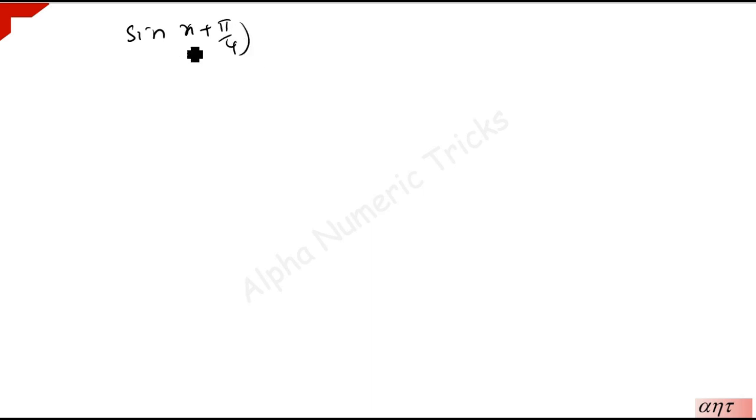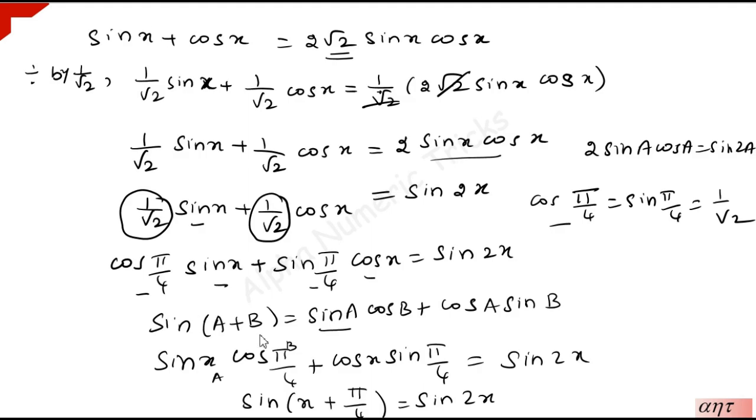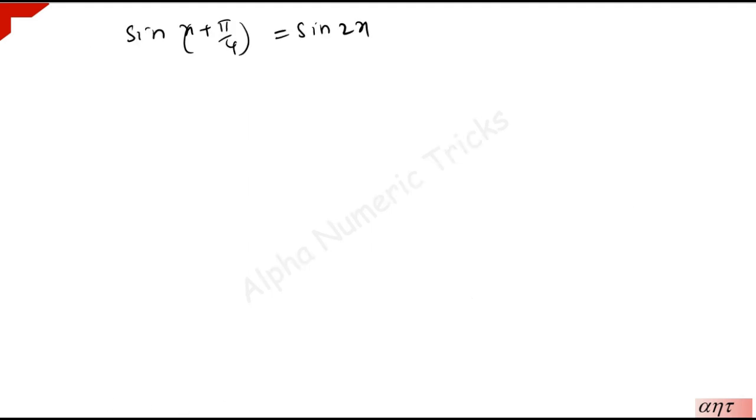This is the result we got, isn't it? Sine of x plus pi by 4 is equal to sine 2x.